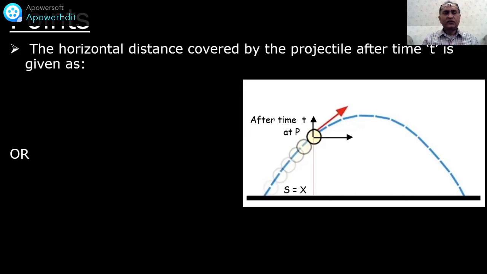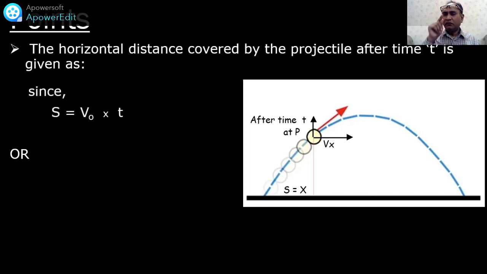We don't know. X, we want to know. It's a horizontal distance, which is why I have chosen x over here. From the basic formula of physics, if we want to know distance, we multiply velocity by time. S is equal to v into t. The same formula we'll use over here.